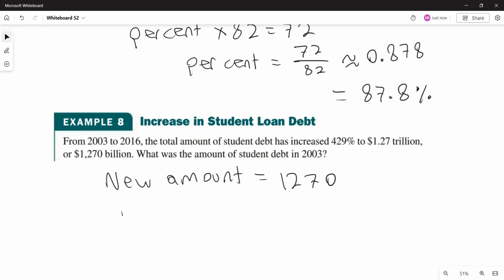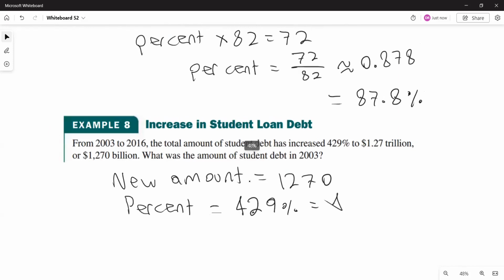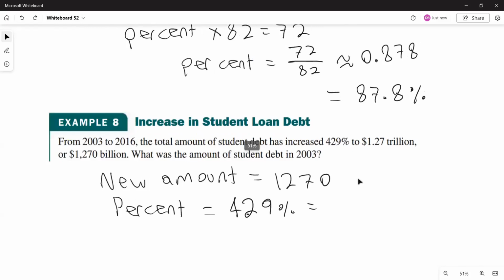We know the percent, and we want to find the base amount. So the base amount is the amount in 2003.